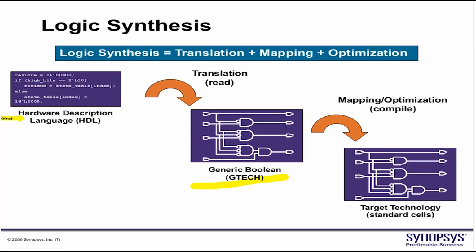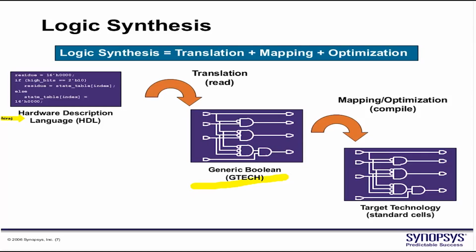The second part of the process is mapping. Mapping is the process where Design Compiler will map the GTECH Boolean into the gates available in your library. Here is where the technology comes in. So let's say I am targeting my product for a 90 nanometer technology.